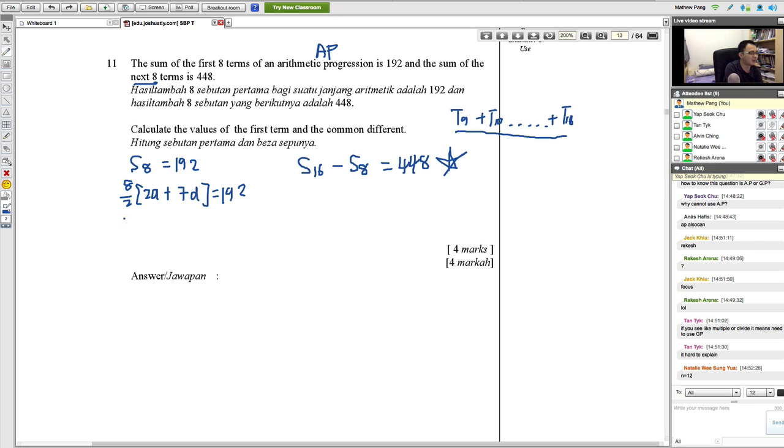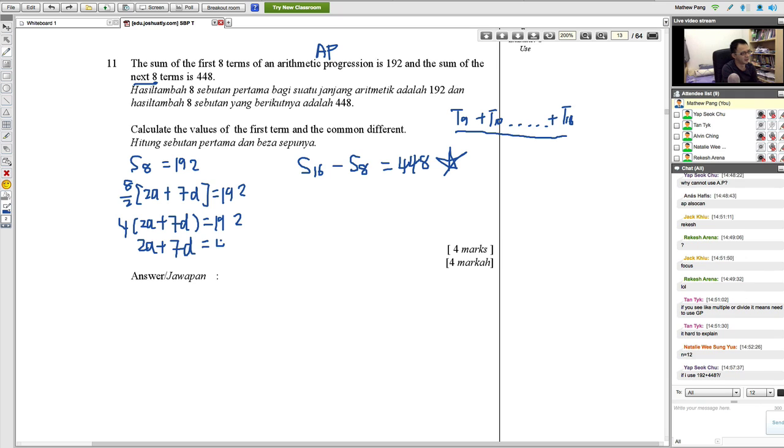So this is 4 times 2a plus 7d equals 192. I will move the 4 to the other side. No, you cannot use 192 plus 448 because 192 is the first 8 terms.